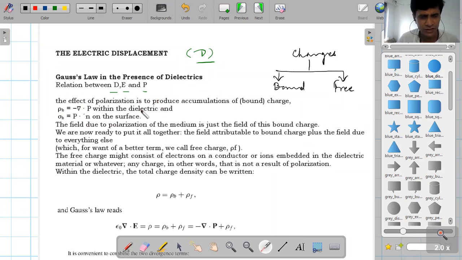Suppose the charge density within the dielectric, meaning insulator, therefore that charge density is referred to as minus del dot P. P means polarization. Suppose it is on the surface, that is denoted by sigma p. Understood?